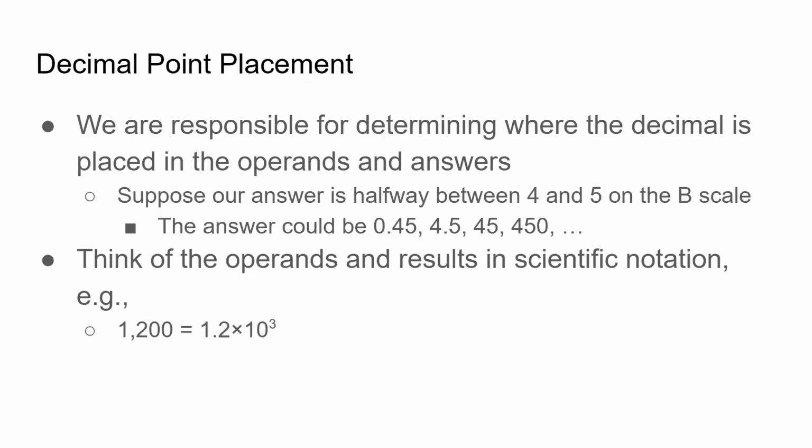Like 1200 is 1.2 times 10 to the third, and 0.0012 is 1.2 times 10 to the negative third, right? That should be familiar from high school, but we have to have all of our operands, those are the inputs to a calculation, and read our results as if they're in scientific notation.